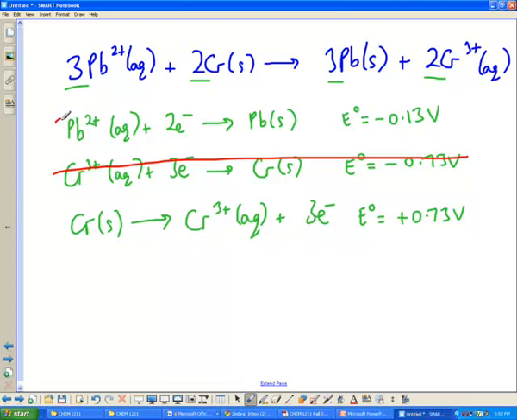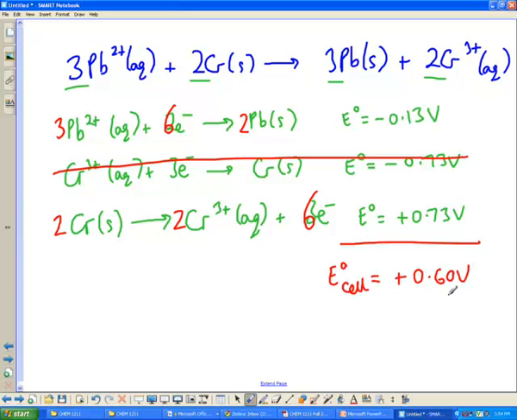So even though I'm going to multiply all this through by 3, it makes no difference to the reduction potential. And even though I'm doing this, it makes no difference to the reduction potential again. So therefore the cell potential in this case is simply this small negative one plus the bigger positive one, meaning that's 0.60 volts.